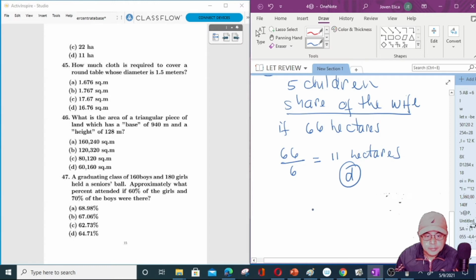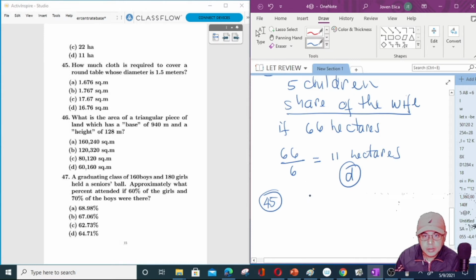Number 45. How much cloth is required to cover a round table whose diameter is 1.5? So it involves a formula here.